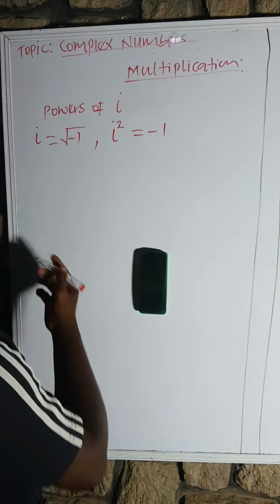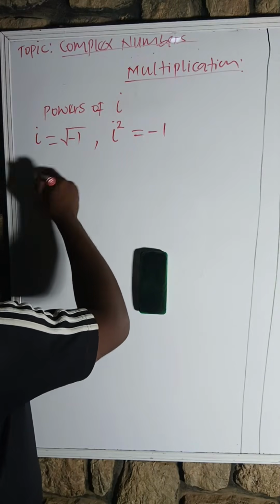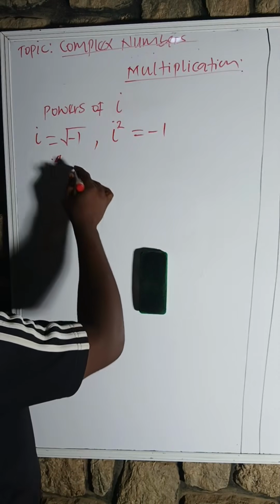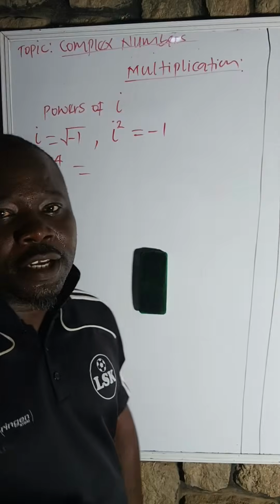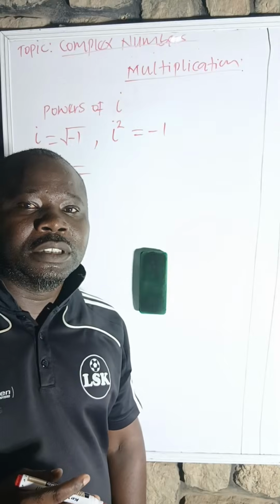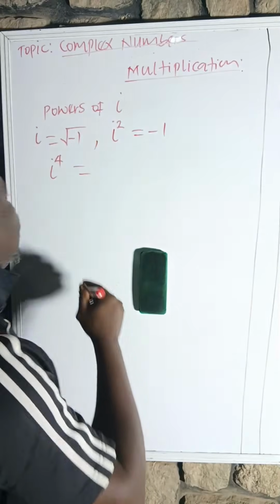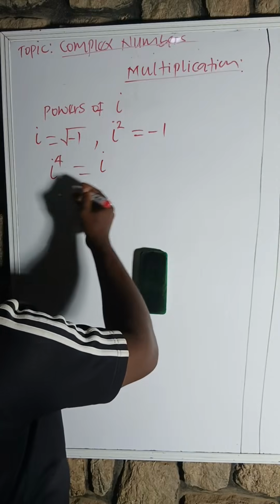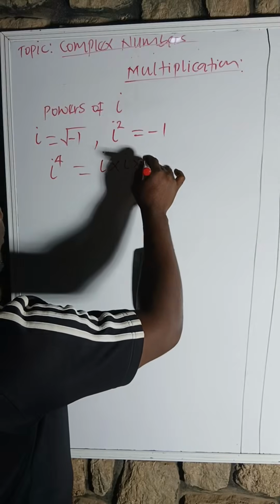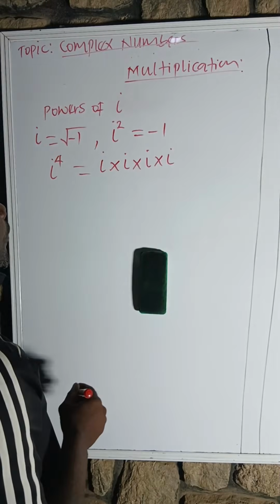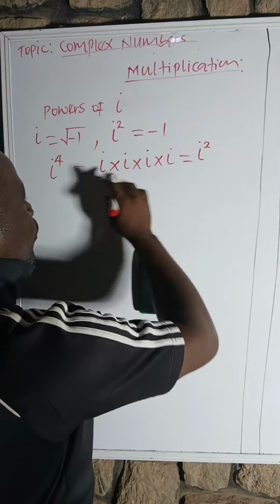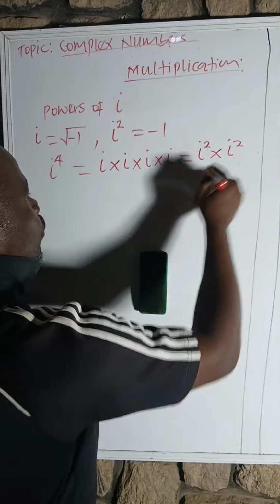Then I asked us to evaluate or simplify i raised to power 4, which I told you that you apply indices so that it will be easier. So i raised to power 4 is the same thing as i times i times i times i, which is the same thing as i raised to power 2 times i raised to power 2.